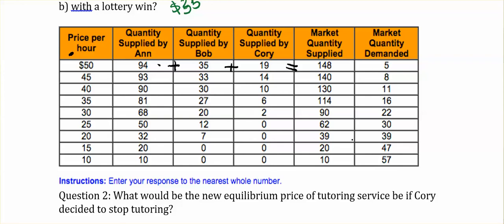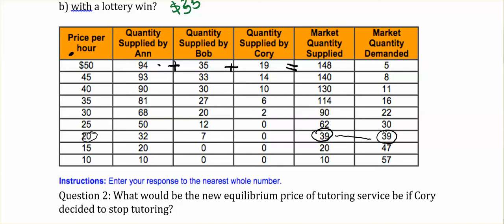That intersection, if you remember from the textbook, is the point where the market reaches equilibrium. In the first row, the fifth and sixth columns are totally different, and likewise the next rows. Here, when the market price is $20, the market supply is 39 and the market demand is 39.